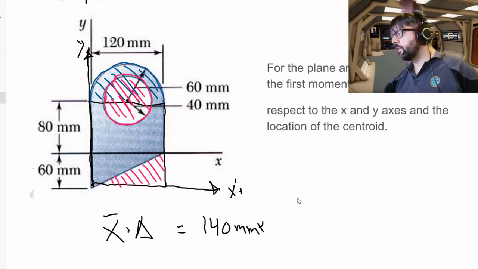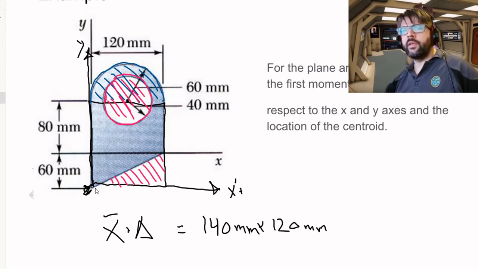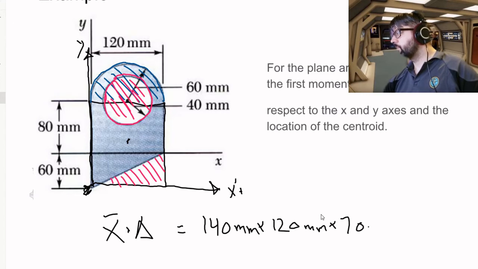The width of the overall thing is 120 millimeters. Measured from this corner here, the X bar location, the centroid of just that rectangle, is going to be half of the 140 millimeters, so it'll be 70 millimeters. That's the X bar area for 1.